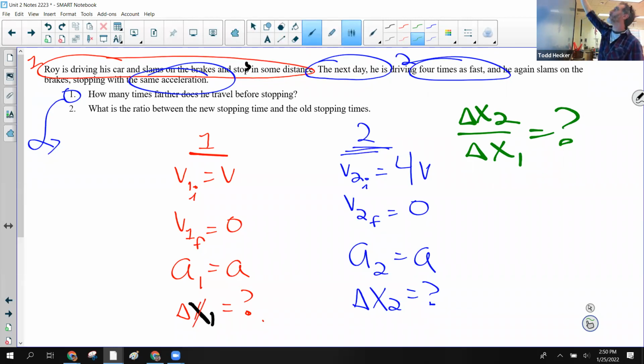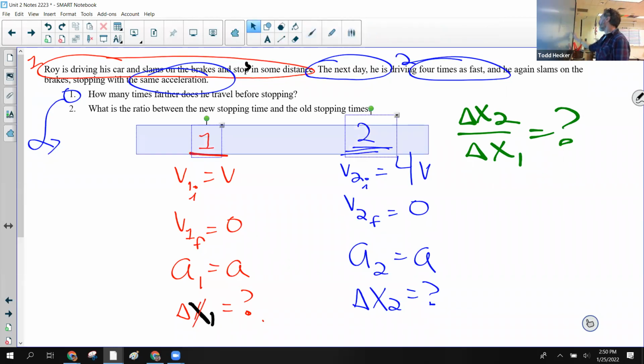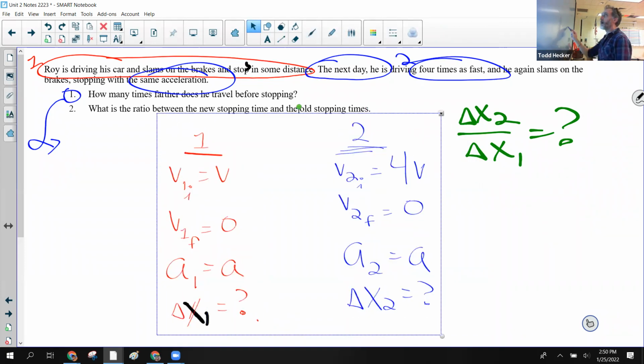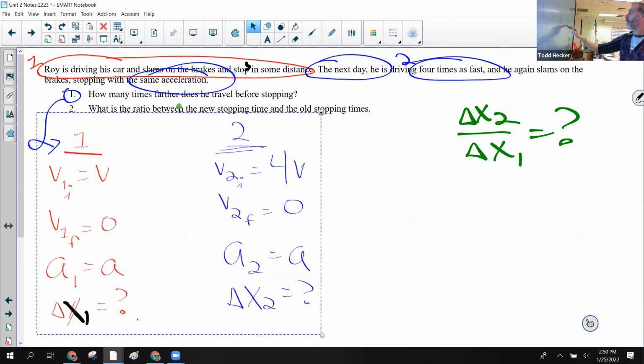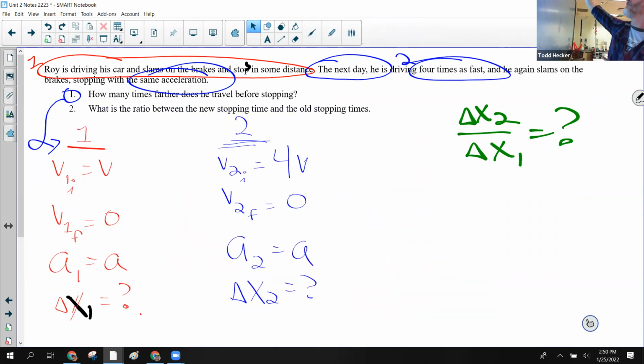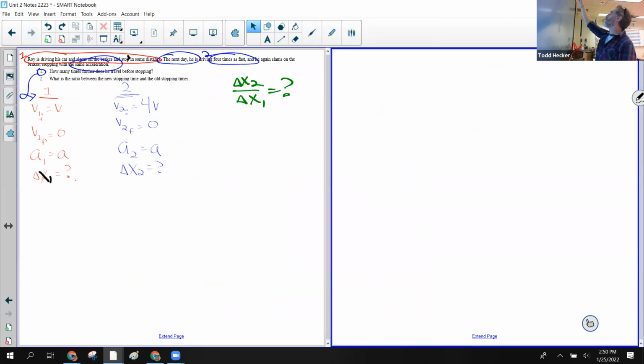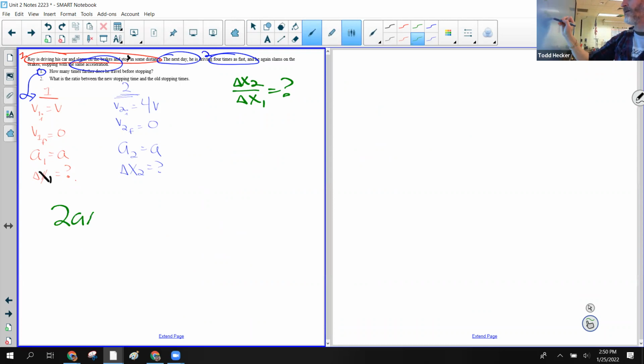Okay, so here's what we're going to do. We're going to look at our equation list, and we're going to come up with an equation that uses these 4 variables. All right, and so the one that jumps to my mind is this guy. 2a delta x equals vf squared minus vi squared, right?